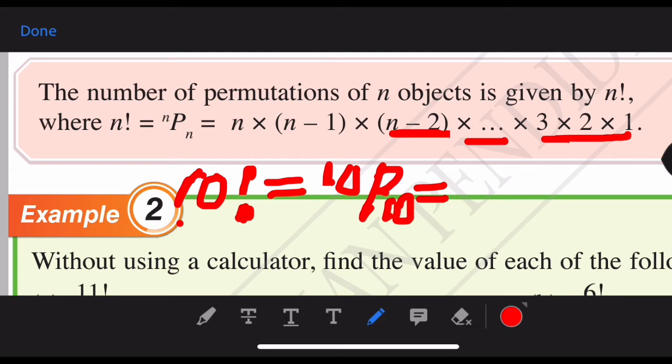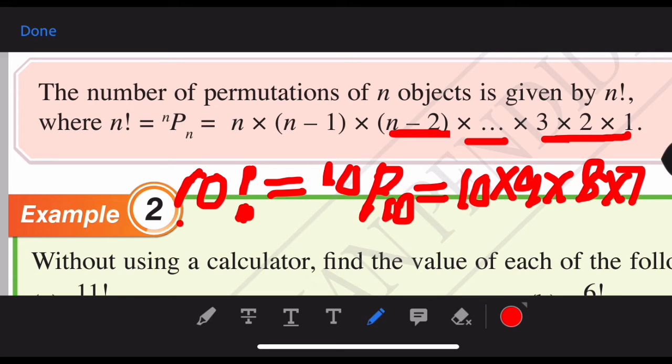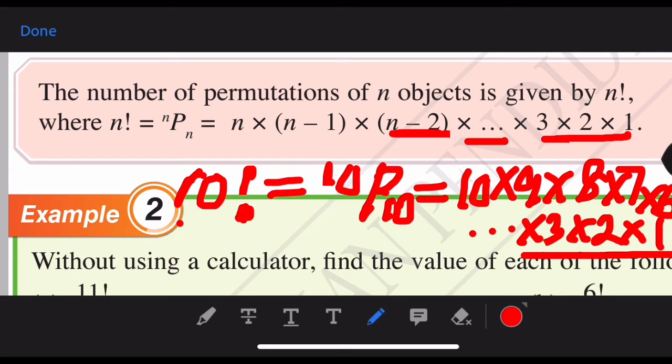You can also write as 10 times 9 times, you notice that it's actually 10 times 10 minus 1, and then 10 minus 2 is 8, and then 10 minus 3 is 7, and I'm sure you will know how to continue. In between there are so many, we don't want to write, we just put dot times 3 times 2 times 1. So it always ends with 3 times 2 times 1.